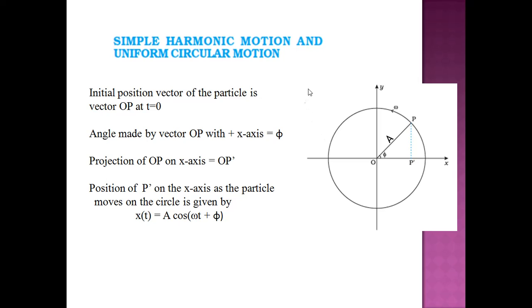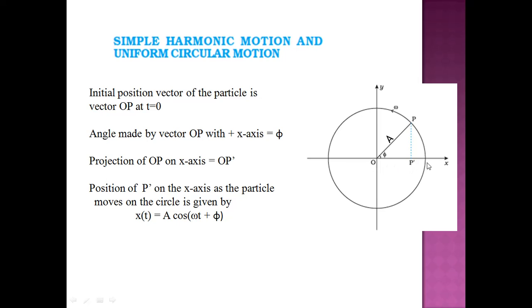As the particle P proceeds with its circular motion, OP dash increases, then decreases, then goes to the other side of O, and then again comes to the center and comes back again. So it will execute oscillations as the particle P proceeds in a circle.